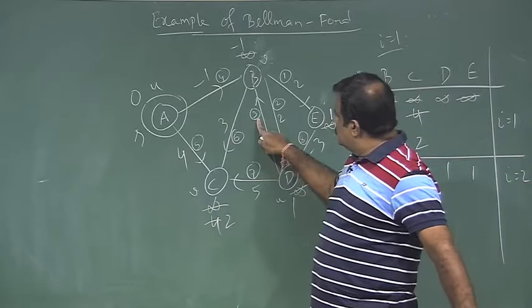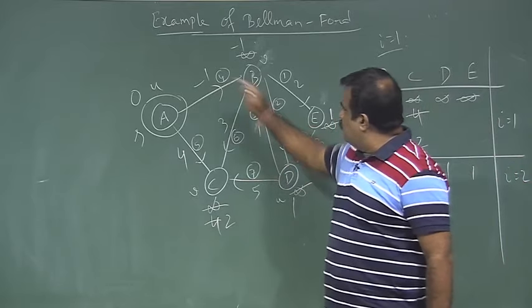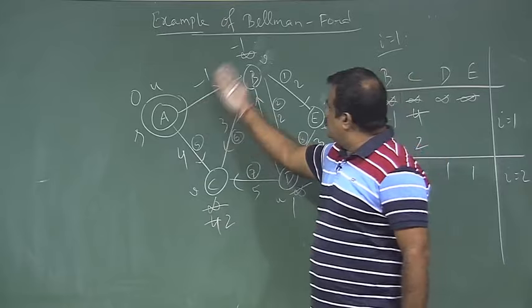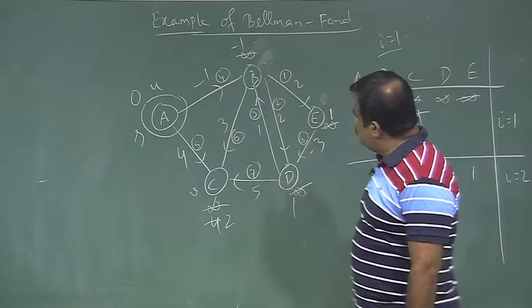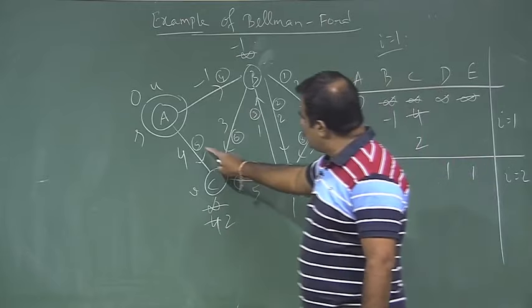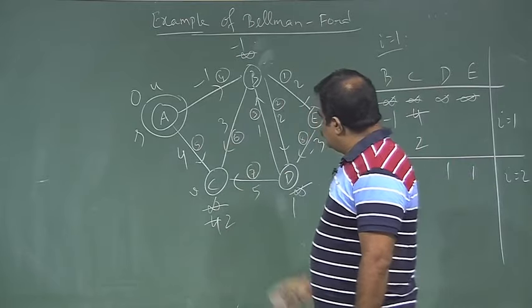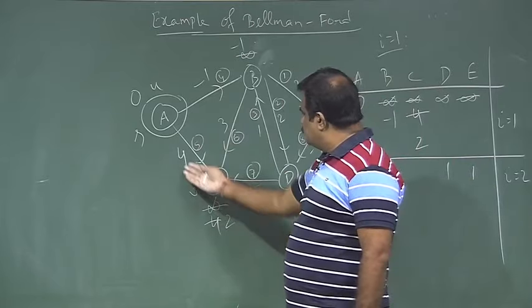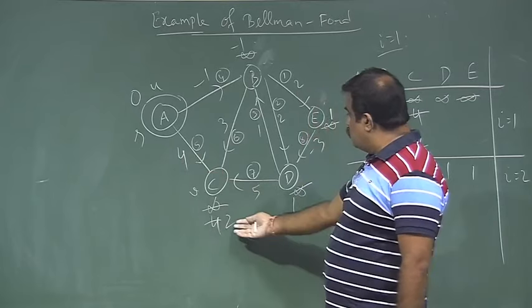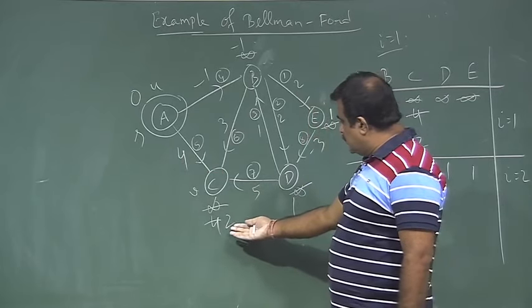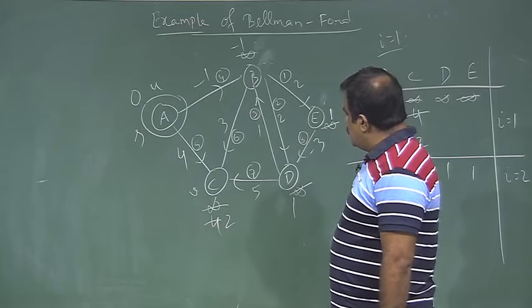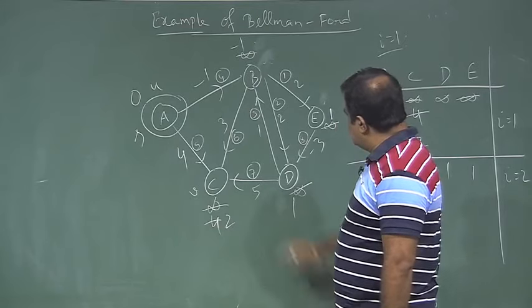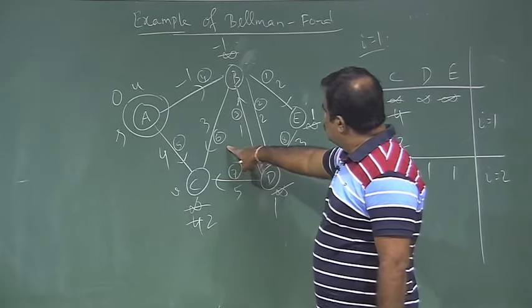So this is edge number 3, now edge number 4. If you come to edge number 4, there is no change. Edge number 5 is here. So this is 2, this is 4. No relaxation is possible, because this is the better path we have. Now edge number 6 is this one.